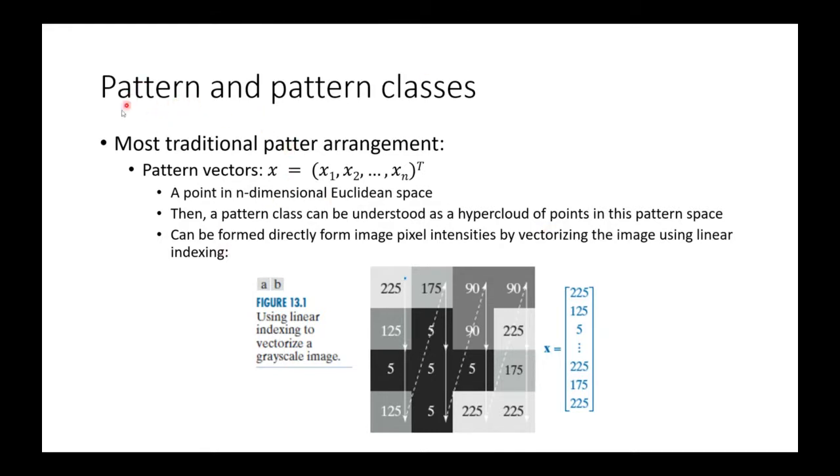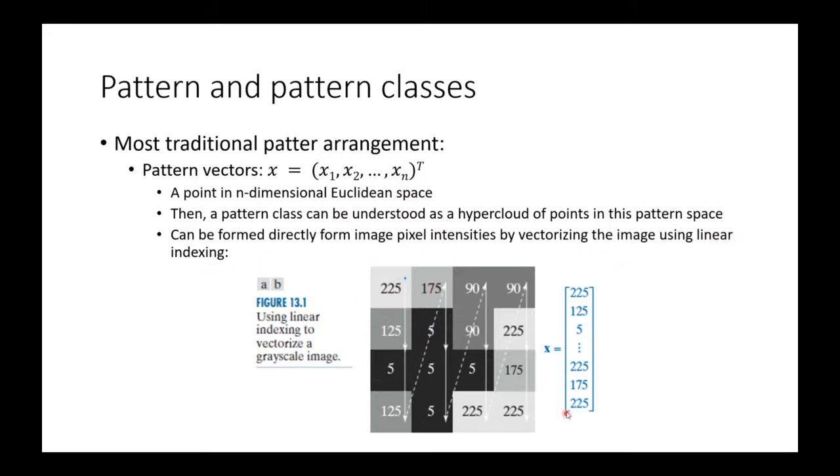Let's understand what patterns and pattern classes are. The most traditional pattern arrangement that we see all around, used in statistical classifiers, is the pattern vector. A pattern vector can be seen as a point in n-dimensional Euclidean space. Then a pattern class can be understood as a hypercloud of points in this pattern space. A pattern can be formed directly from an image by vectorizing using linear indexing.